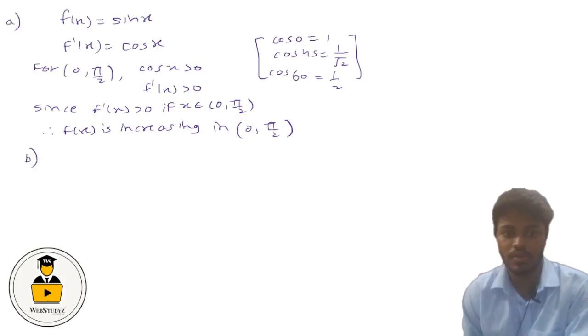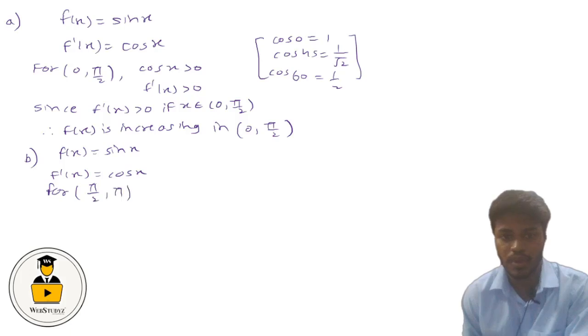Similarly, we can find out where it is decreasing. So f of x is sin x, and again f dash of x will be cos of x. Now let us assume the range to be pi by 2 to pi.